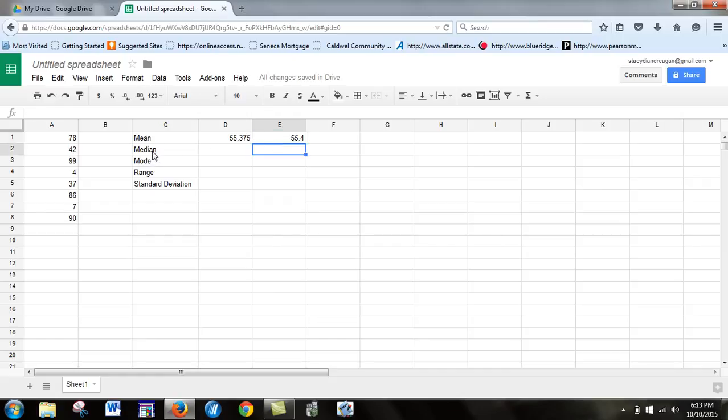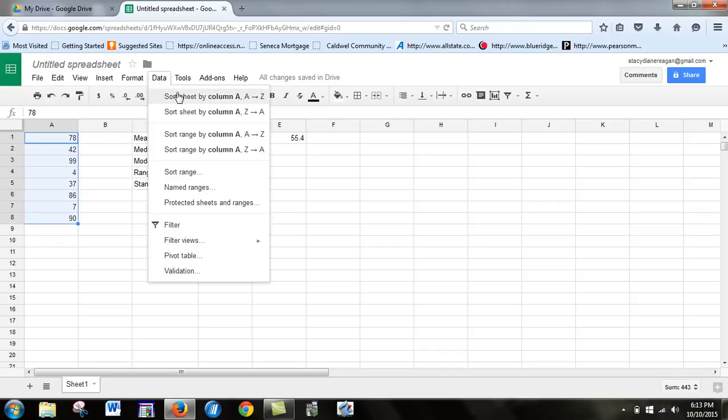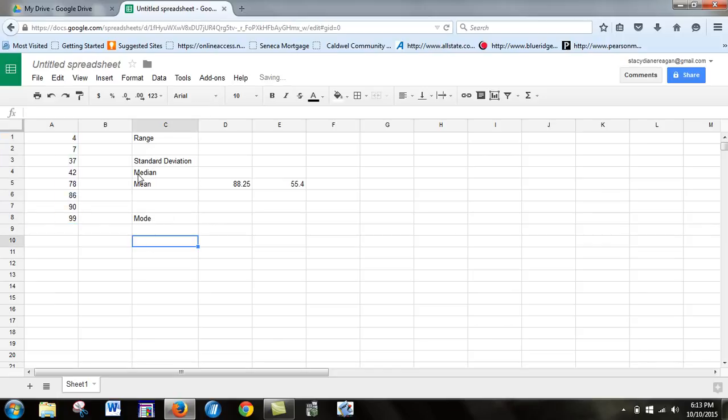For median, median is the middle number, and if you have a small set of data, you can just put them in order by highlighting them, hitting data, and sort, and it will put them in order, and you can look at them. If you have an odd number of numbers, you can just find the middle number.